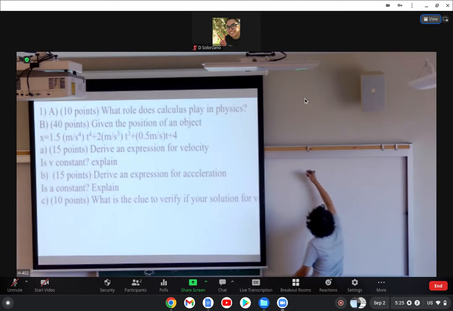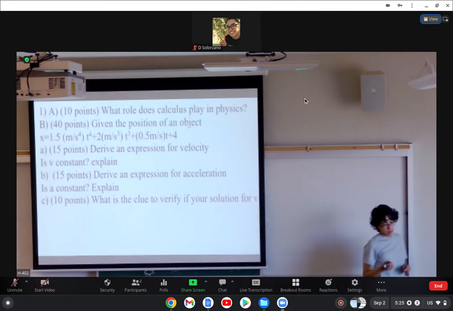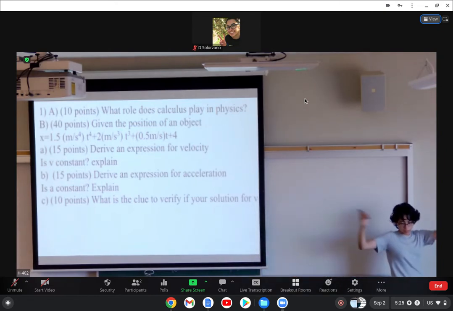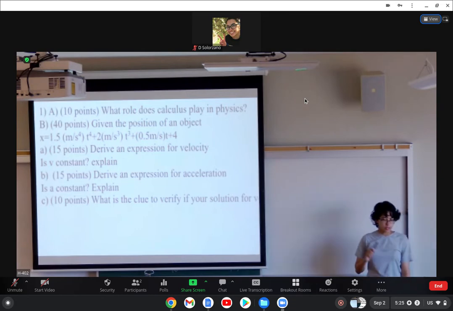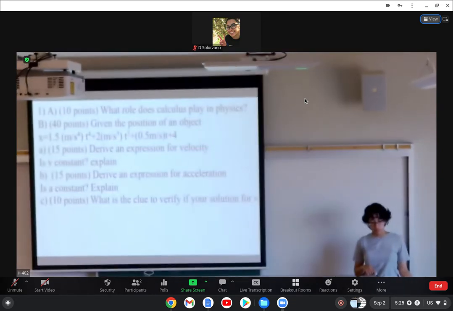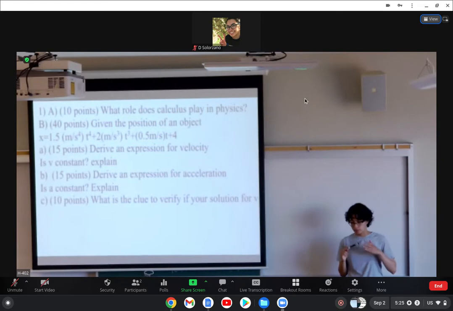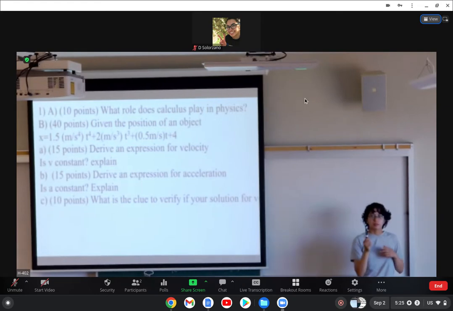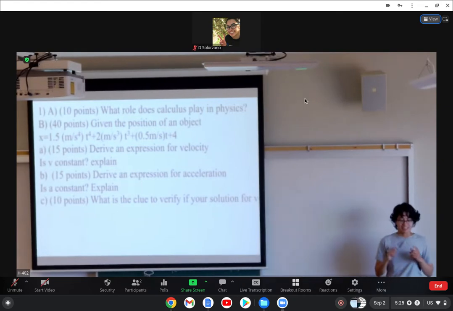Because it's going to ask you, given the position of an object, gives you the x variable, derive an expression for velocity and is its velocity constant, aka is it a function of time or not? And then derive an expression for acceleration and is it constant. And then that part kind of gets cut off at the end. It's just what verifies your solution. There she's usually asking like, do the units check out?